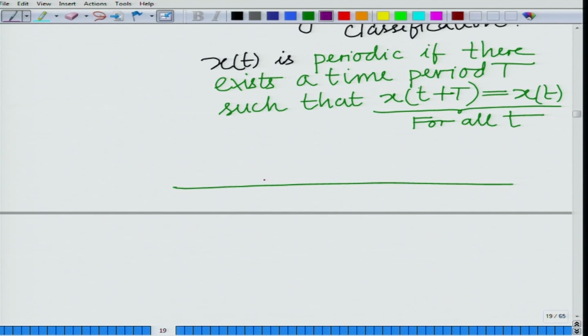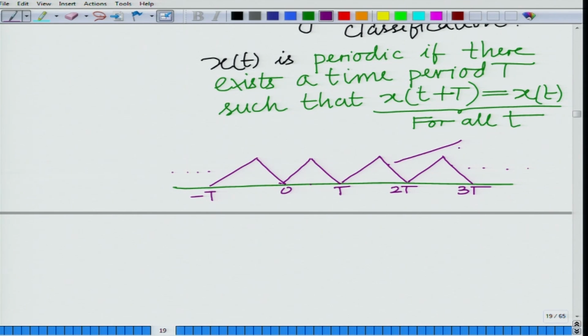For instance, let us consider a periodic triangular wave. So, this is 0, this is T, this is 2T, 3T, minus T, and so on. And you can see all the values. For instance, if you look at this particular value, and if you look at T later, these are all the same.